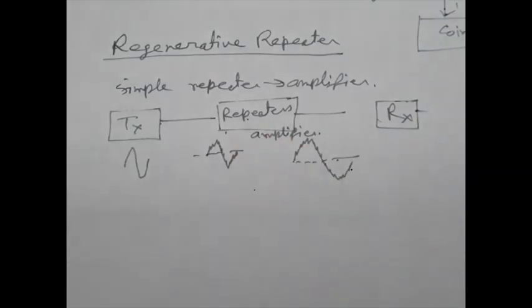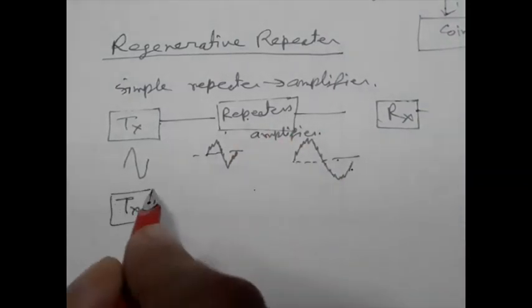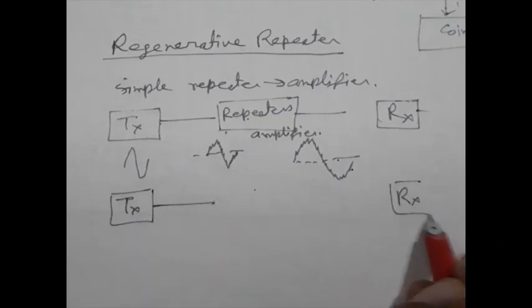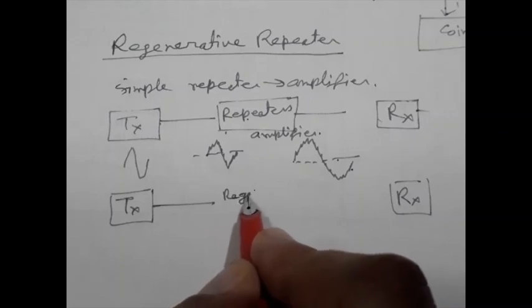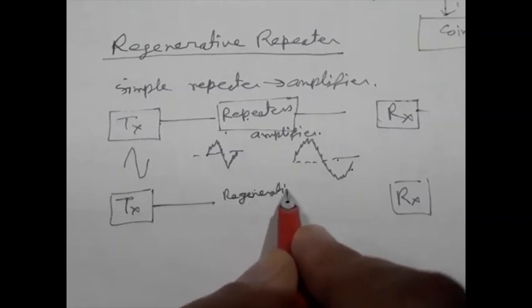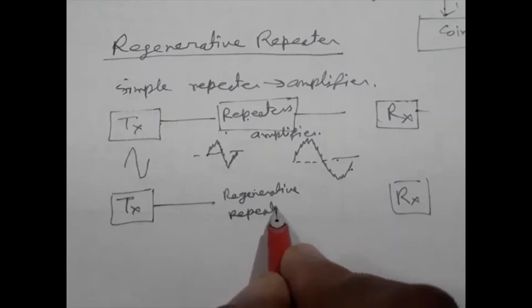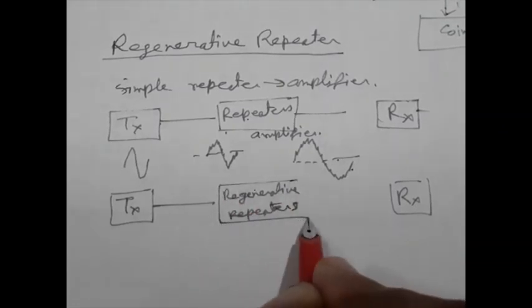But in the digital domain, just like the analog case, we place a number of repeaters, but these repeaters are regenerative. What is the meaning of regeneration?